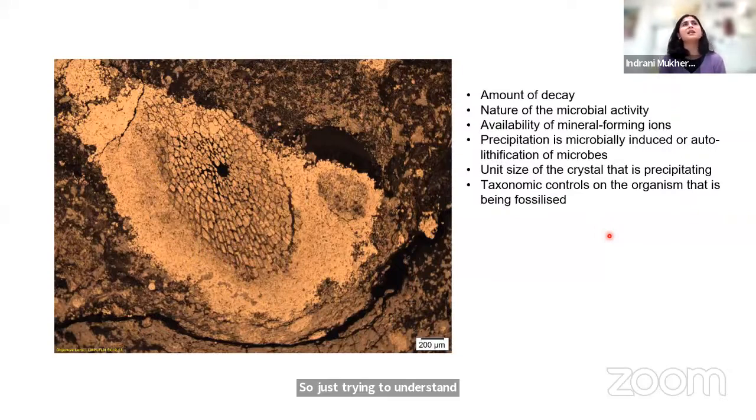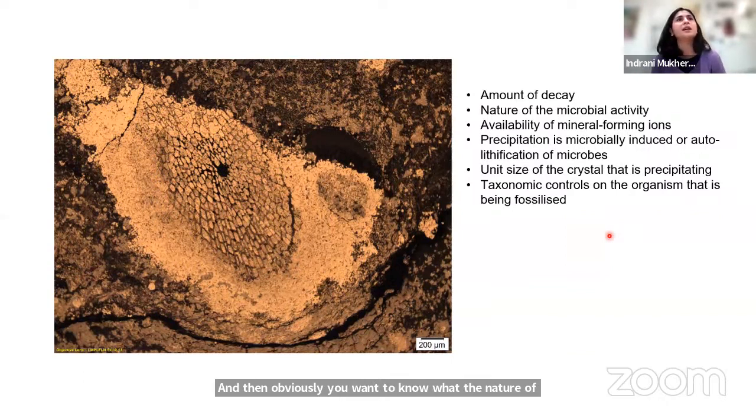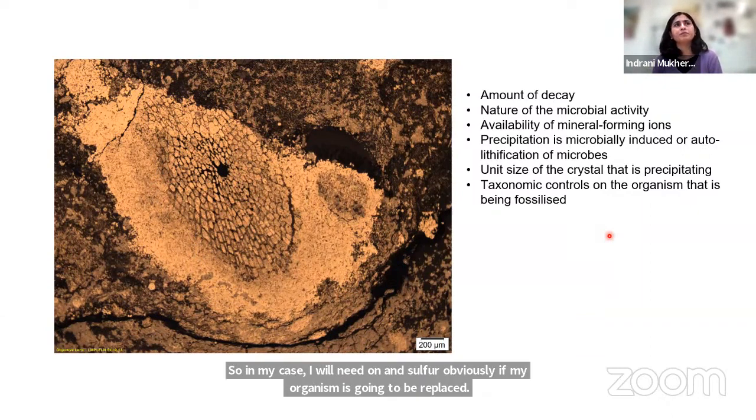It obviously depends on the amount of decay. And then obviously you want to know what the nature of the microbial activity is that's causing the decay in the first place. And of course, you want to have the mineral ions present. So in my case, I will need iron and sulfur, obviously, if my organism is going to be replaced by pyrite.